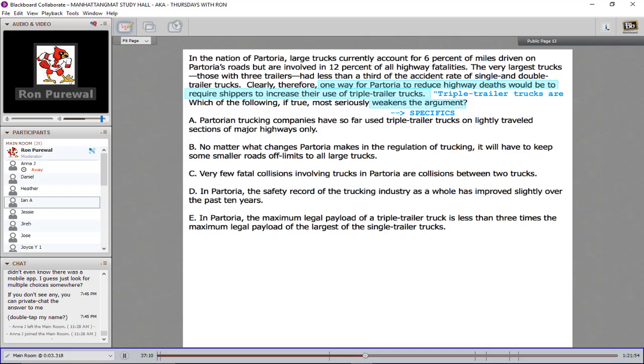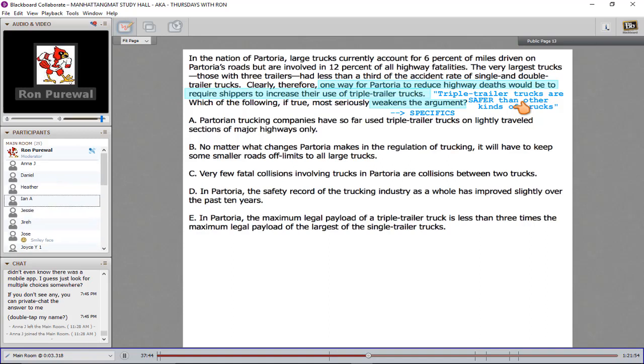They're safer than other kinds of trucks. That's what they're saying, right? One way to reduce highway deaths is to use more of these trucks. Give me a smiley face if that makes sense. Maybe that's the ultimate point of this argument, that those trucks are the safest trucks.